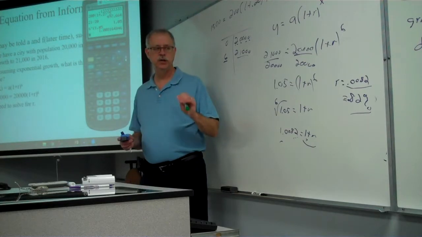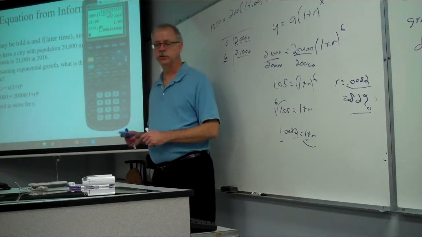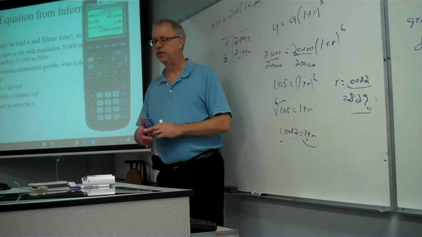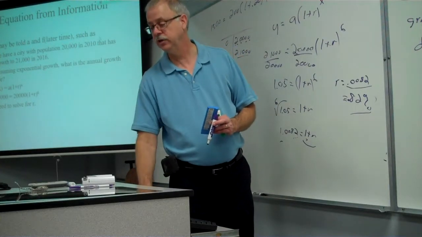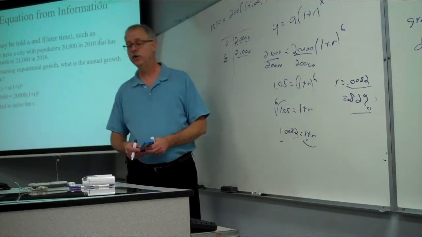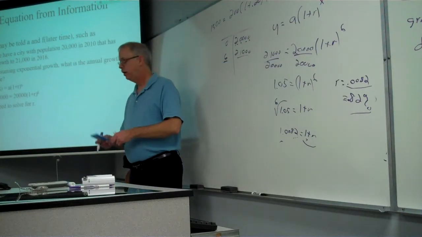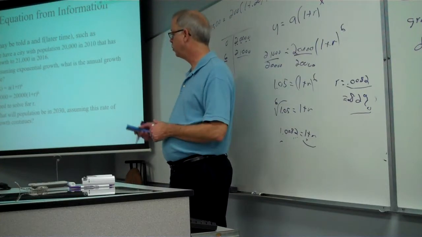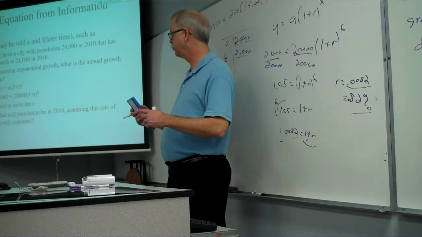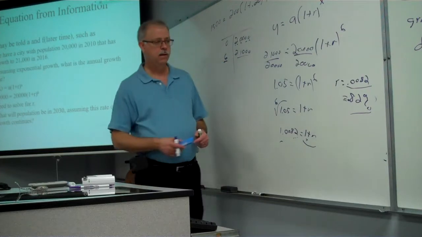So this idea of exponential growth is extremely important in lots of investment scenarios, and certainly in a growth scenario like this, the town is thinking, if we grew that much in 6 years, then we'd ask the question, well, what's it going to be in 2030, if this rate of growth continues?